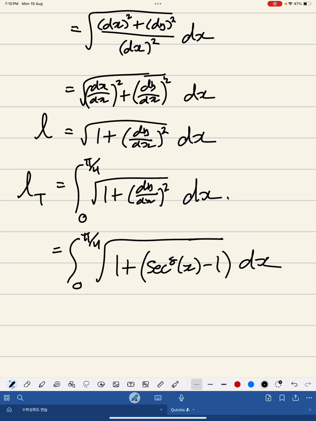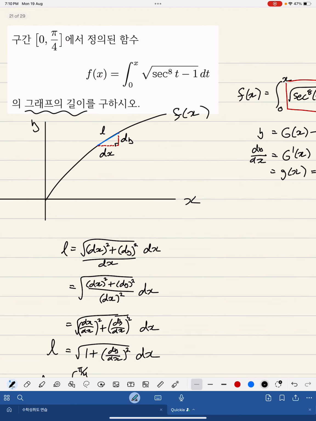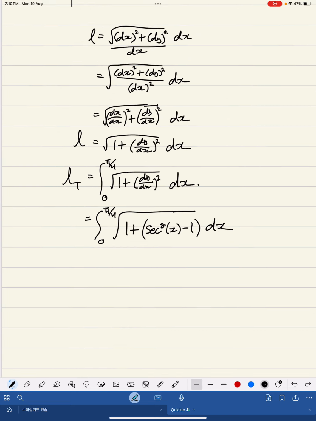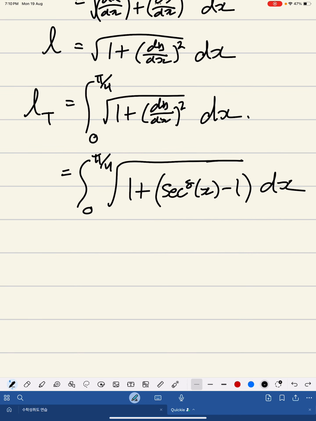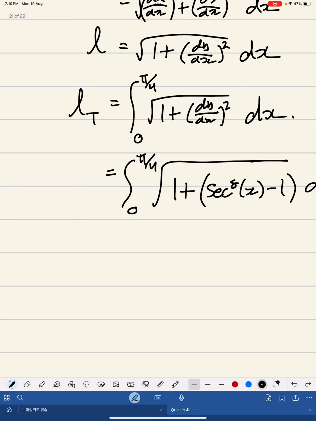And that works, and that is precisely why the question gave the inside function as a root, because they wanted us to square it, I guess. The 1 and the minus 1 cancel out, and the root cancels out with the sec to the 8, so we get a sec to the 4, because it's half times 8.